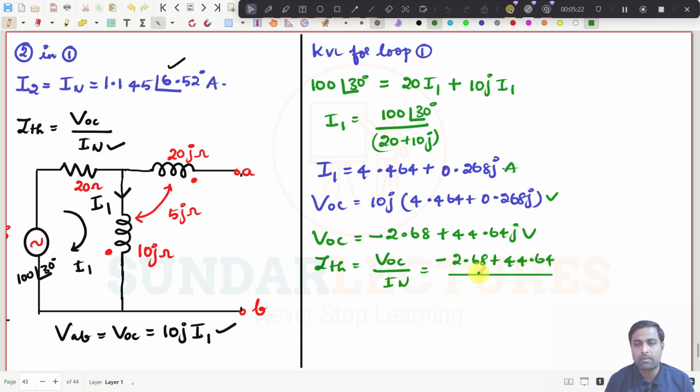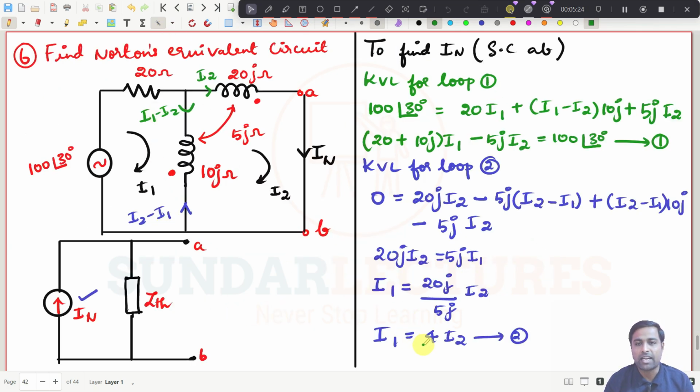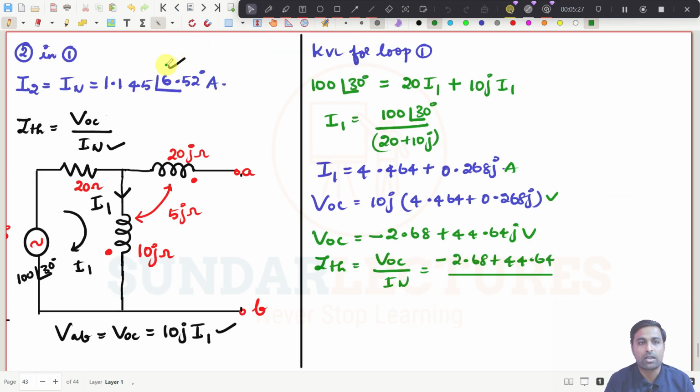And what is IN? I have found it. See here, it is 1.145 at an angle of 6.52 degrees. And if I do so, what is the ZTH value?